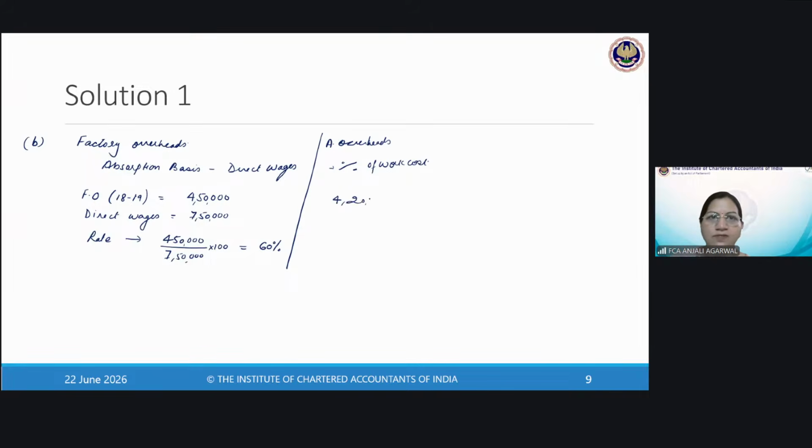Four lakh 20,000. And works cost is 21 lakh. The rate becomes 4,20,000 divided by 21 lakh into 100. So it is 20%.